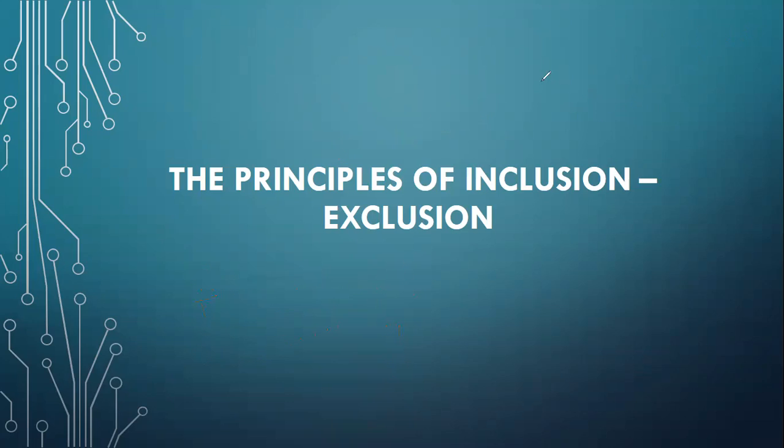Now let's consider an example. I'm speaking about some club, an English club or a literature club, in a university or a college, which contains 30 female students and 50 juniors.